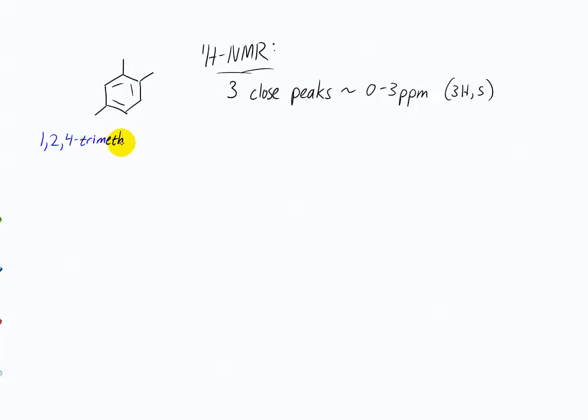The shortest numbers. You could also call it 2,4-dimethyl toluene. Yeah, that would be acceptable also. This is probably a little bit better name because there's no reason that one should have priority over the others, but anyway, that's fine too.